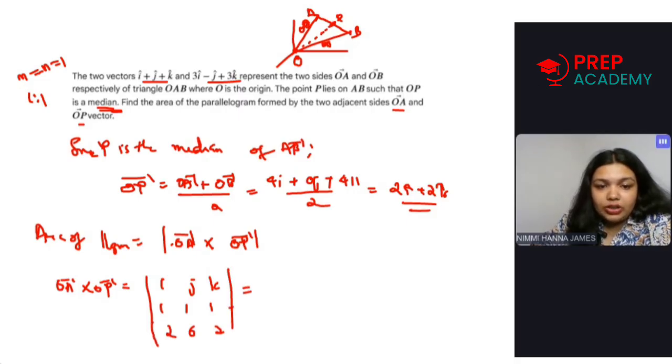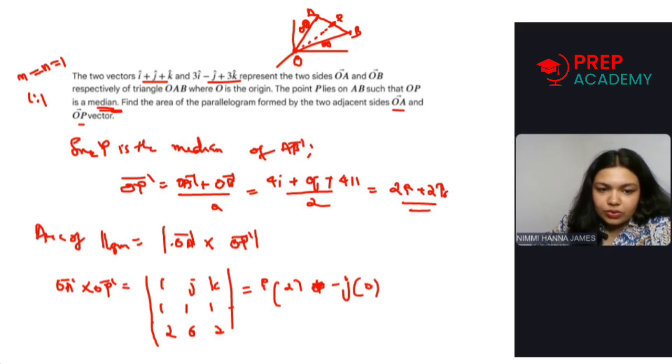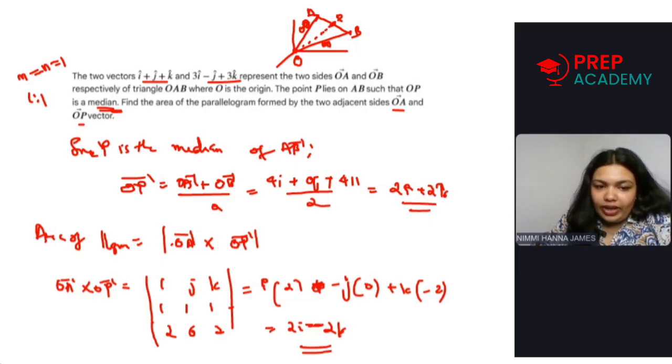So that is equal to i into 2 minus 0, so that is 2, minus j into 2 minus 2, that is 0, plus k into 0 minus 2, that is minus 2. Okay, so it is 2i minus 2k. 2i minus 2k is the vector.